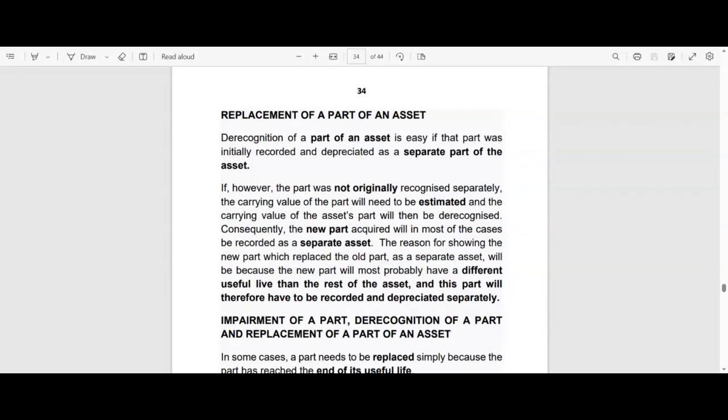Now, we saw last week, how do we calculate an impairment loss? If your carrying amount is more than your recoverable amount, it means you are carrying an inflated value and you are required to write it down. In this case, it will actually be realized because you are going to replace that part, right?